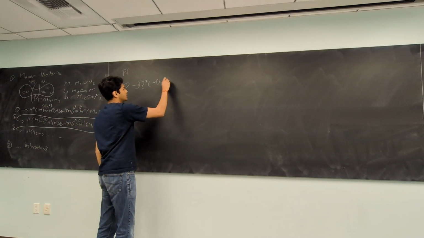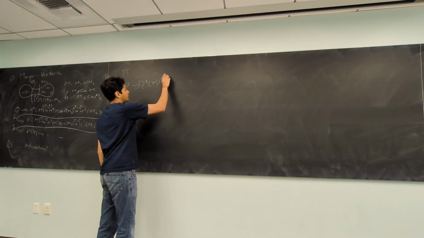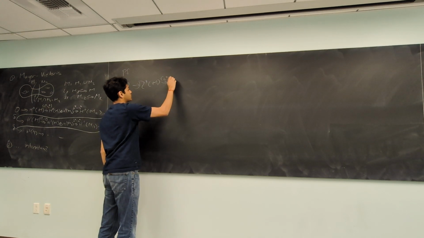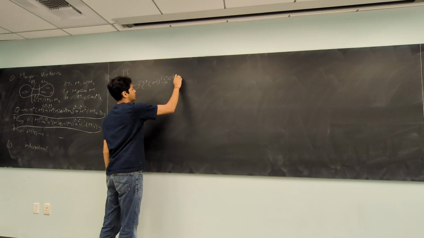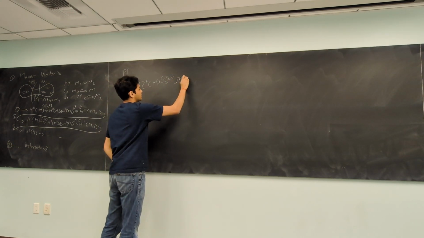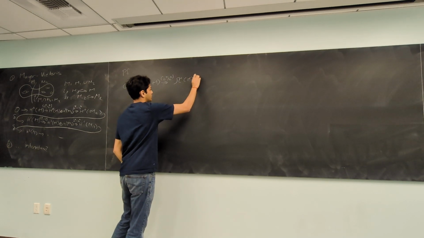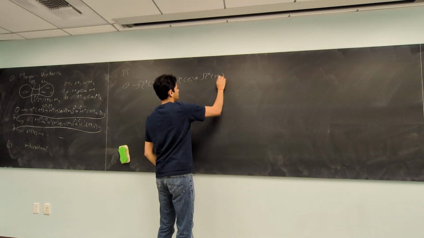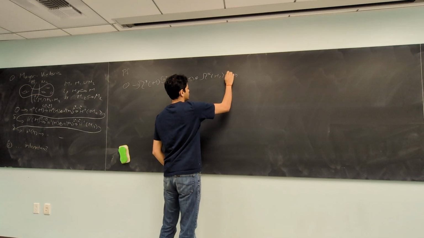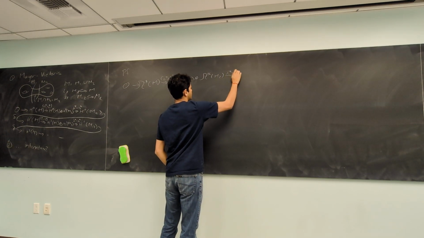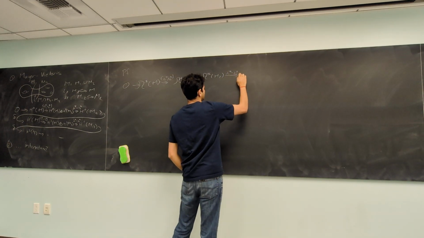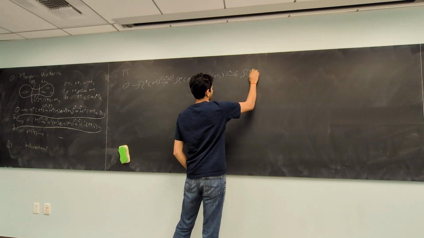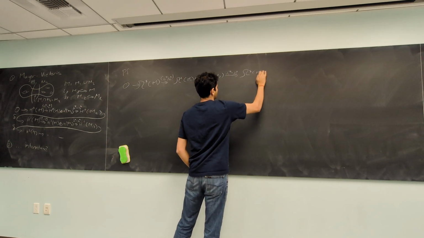So this maps via i1 star, i2 star to omega star m1 plus omega star m2, and this maps via j1 star minus j2 star to omega star m1,2.